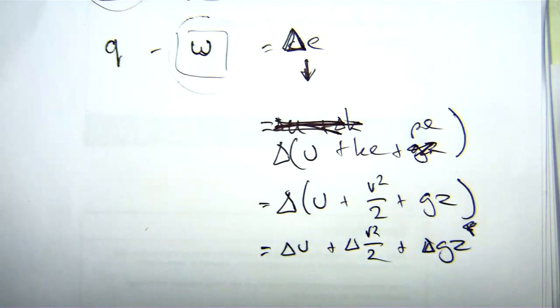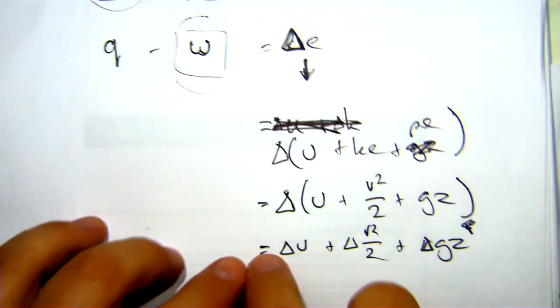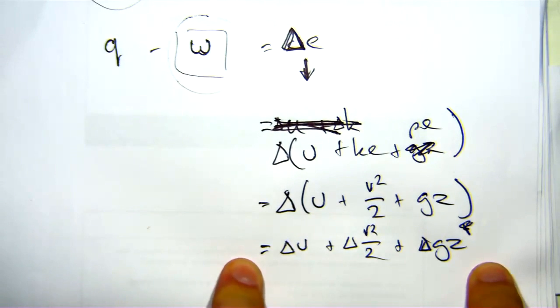If I don't change temperature, if I don't change phase, if I don't release nuclear energy, if I don't burn anything, and I don't change temperature, which is the main thing that controls my sensible energy, so sensible, latent, chemical, nuclear, if none of those change, this whole side goes to zero. There has been no change in the system.